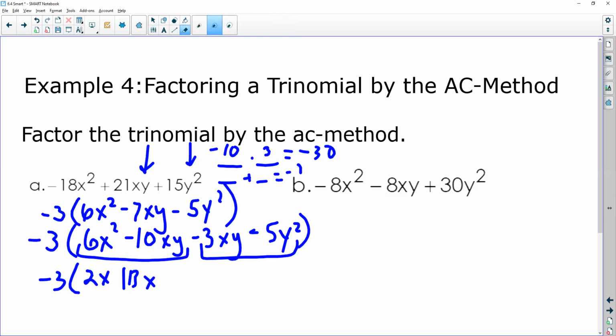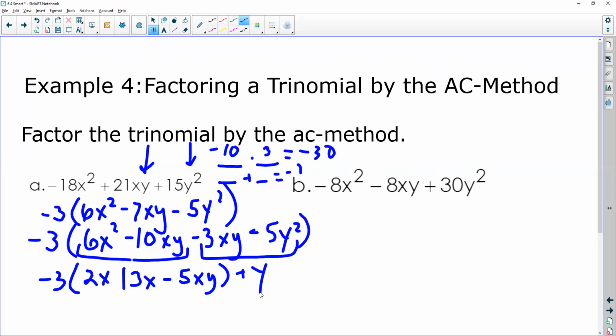Sorry, I didn't look at that very well. 3x minus 5xy. Okay, now the second group, I'm just going to take out y. Look. 3x minus 5.